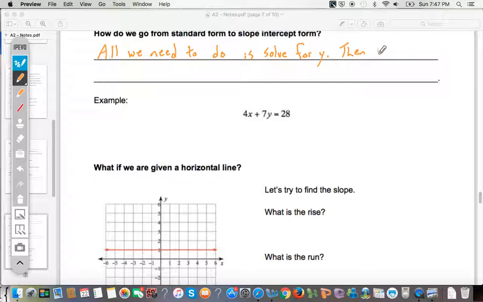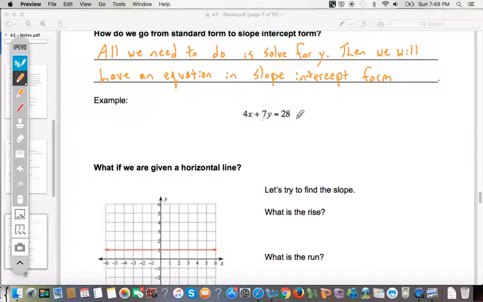Then we will have an equation in slope-intercept form. Okay? That's really the only difference between the two. Standard form has the x and y on one side and no fractions. Slope-intercept form, we can have fractions, but our y is isolated, or our y is alone.